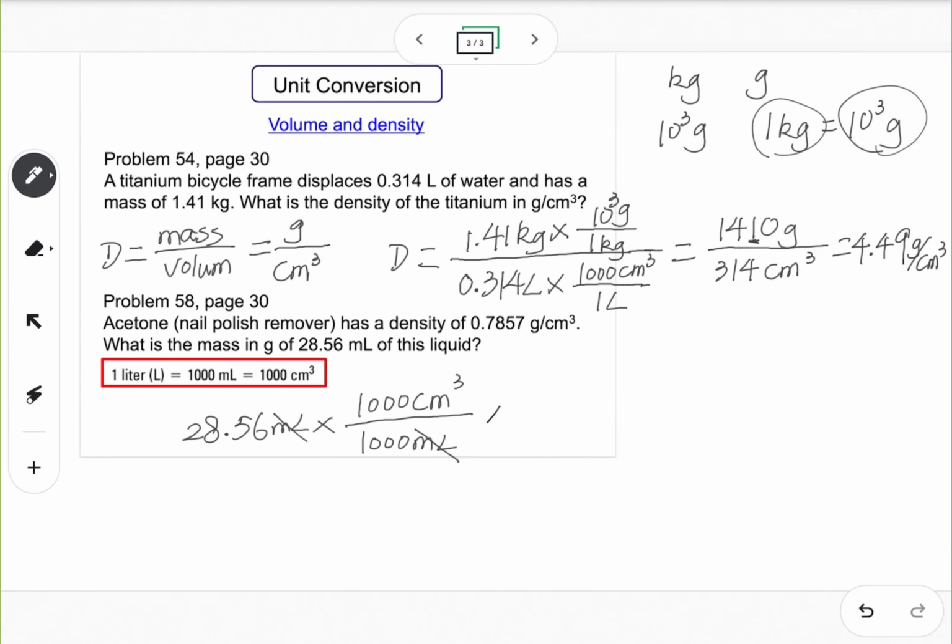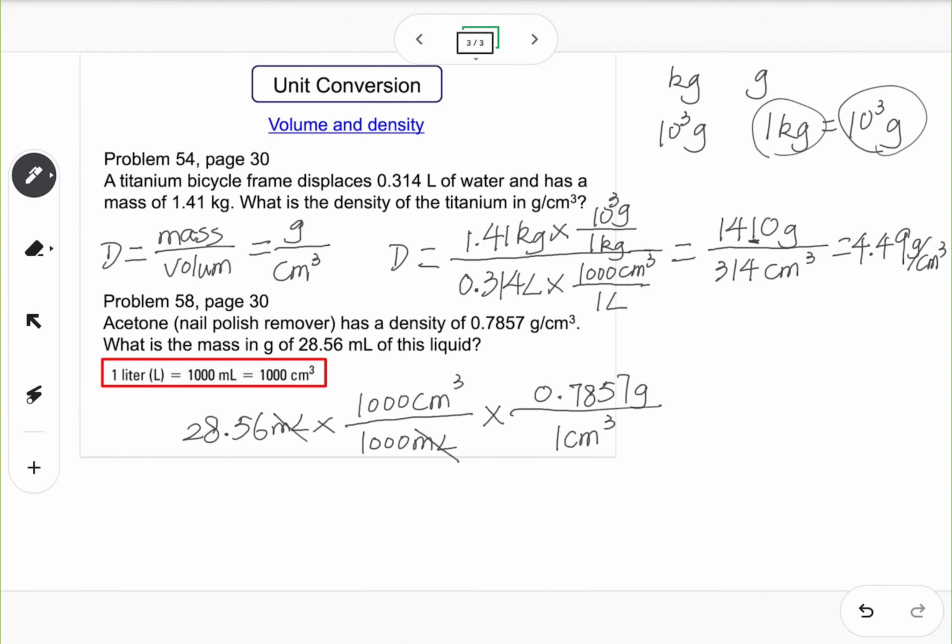All right, this is not done yet. We need to use this density as a unit conversion factor. How do we do it? Remember, this part will give you the unit as cubic centimeter. So when you use this density as a unit conversion factor, you need to have 1 cubic centimeter at the bottom and 0.7857 gram at the top.